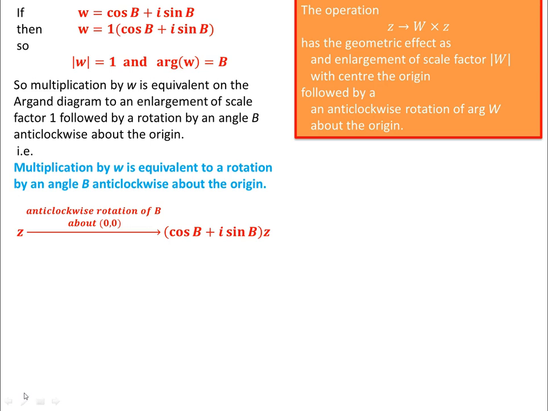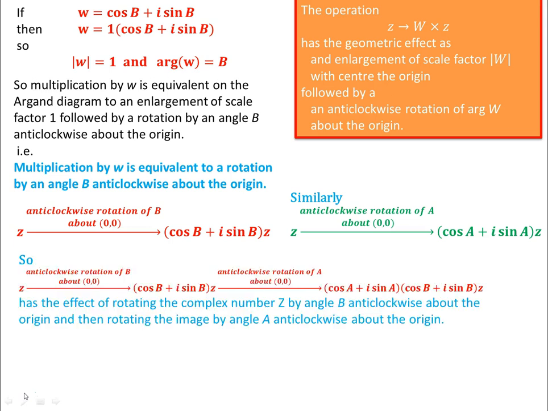And in an entirely similar way, if I start with z and multiply it by cos a plus i sine a, then the effect of that is simply going to be an anticlockwise rotation of angle a about the origin.